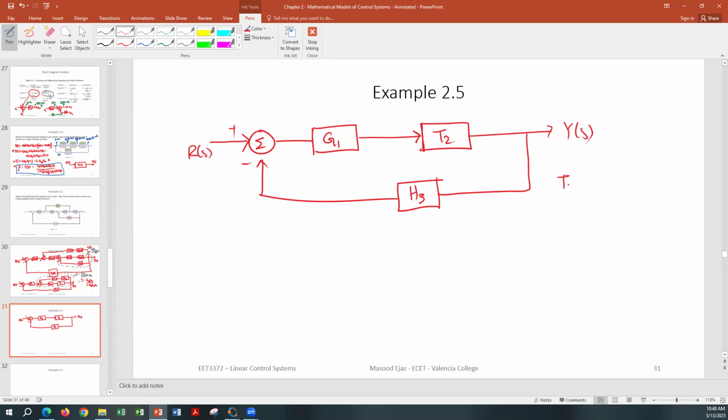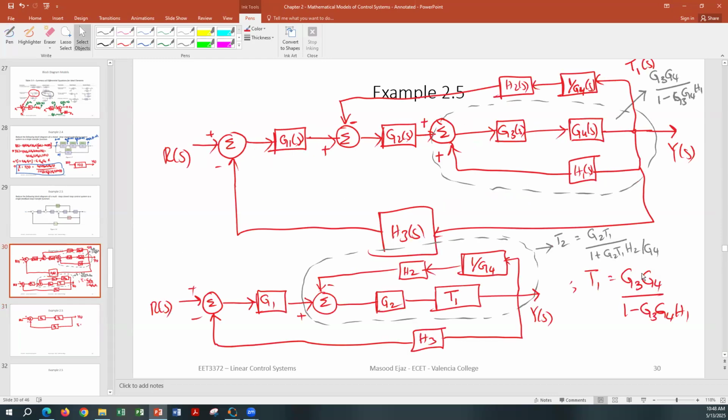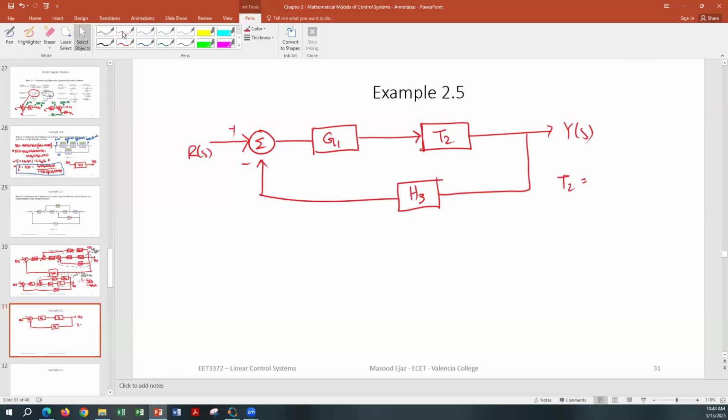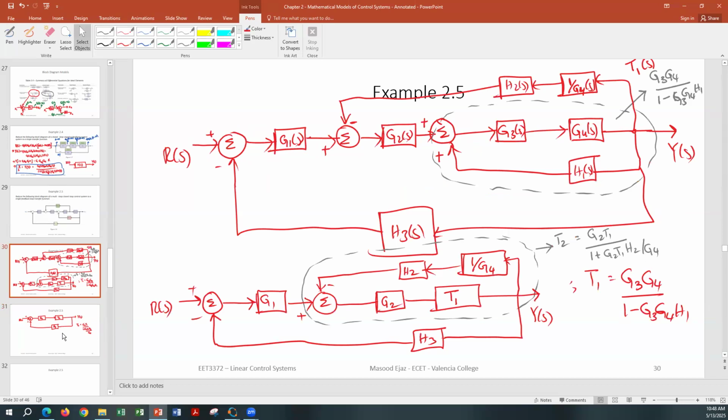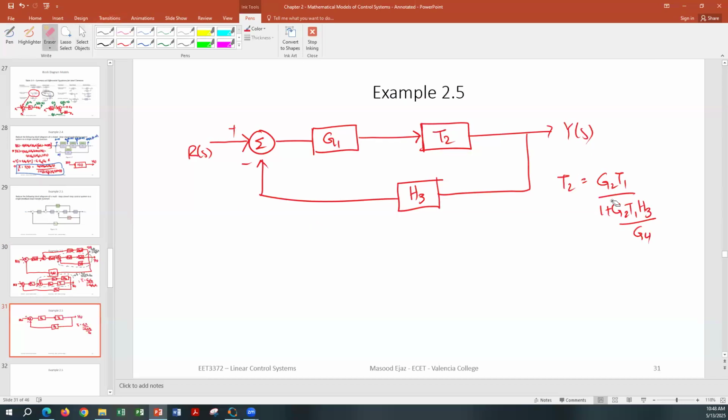And again, T2 is G2 T1 over 1 plus G2 T1 H2 over G4. H2, not H3. That's our T2. And now we have a single loop. So we're going to go ahead and combine everything in one block.